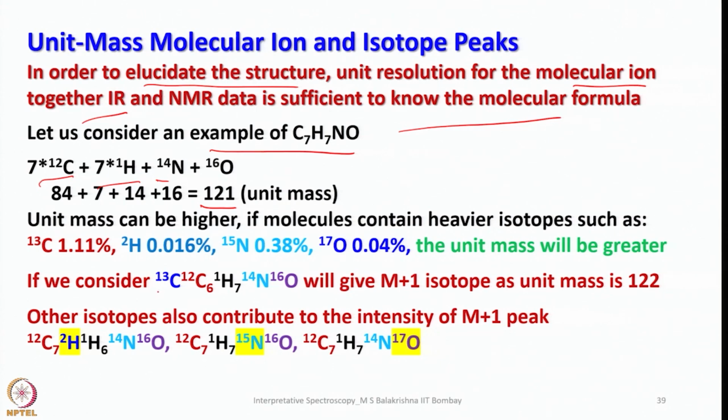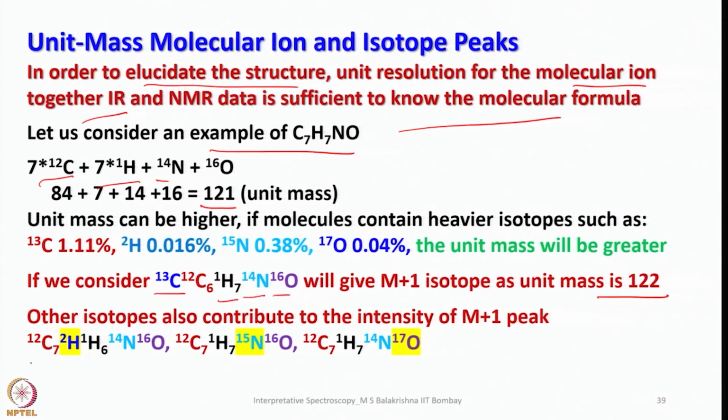If you consider, let us say, 13C along with 12C, 1H7, 14N and 16O, we will get the M+1 isotope because we are adding one 13C in place of one 12C. So unit mass will become 122 instead of 121. So other isotopes also contribute to the intensity of the M+1 peak.